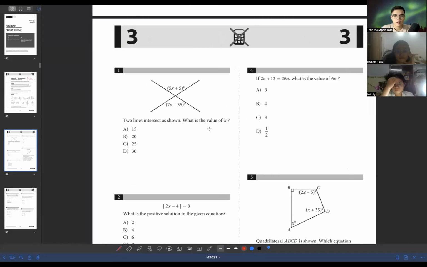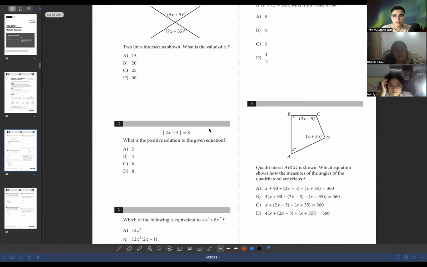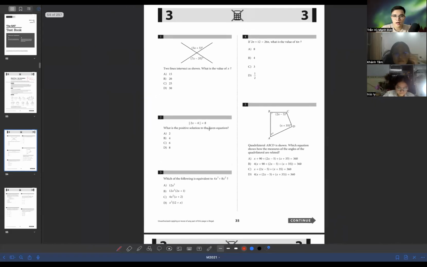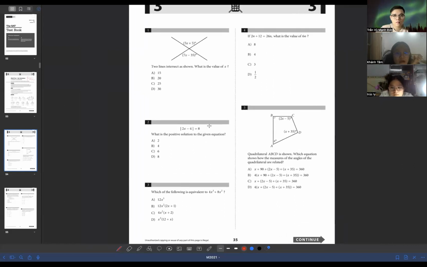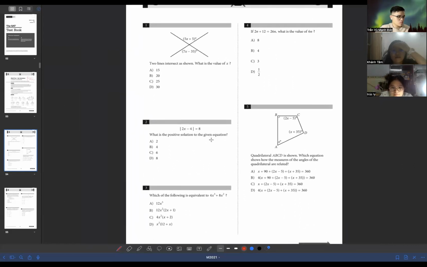Okay, so firstly, can you quickly do from 1 to 5 for me, Tâm? 1B. 2C. 3C. 4C.